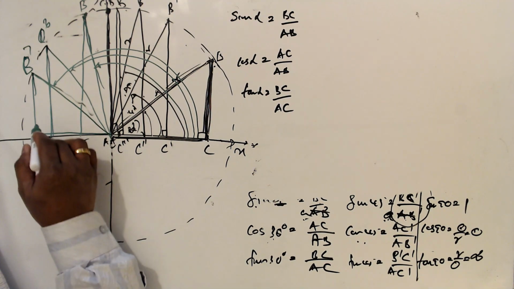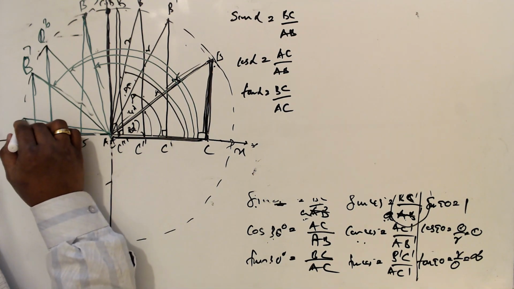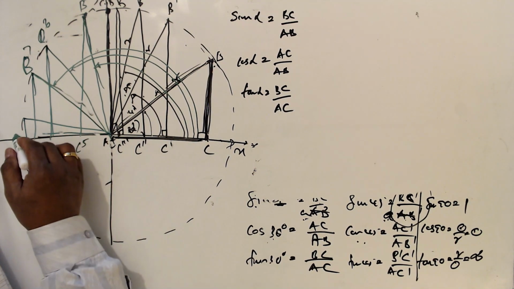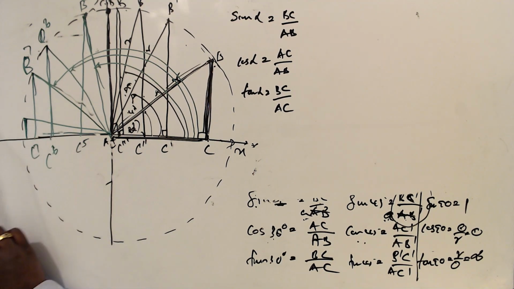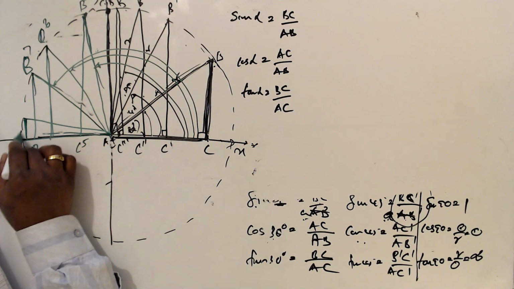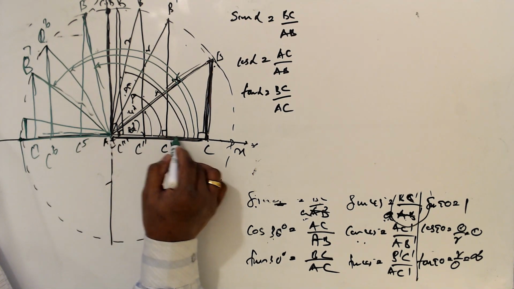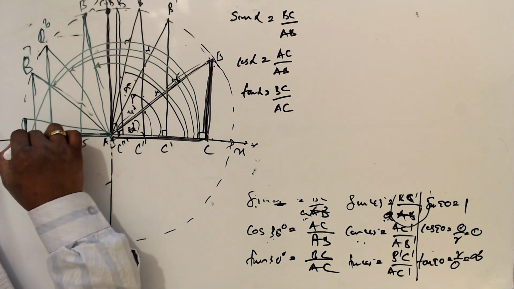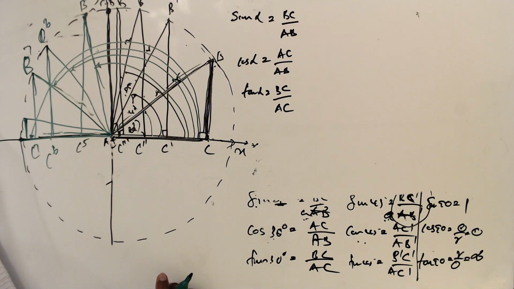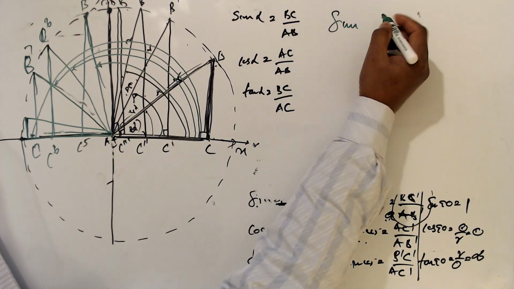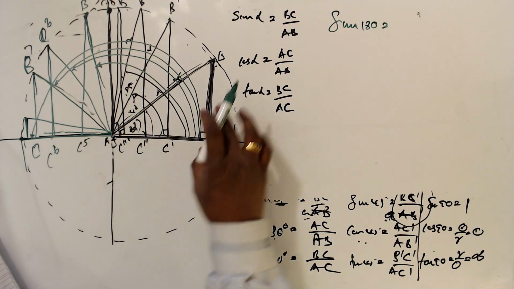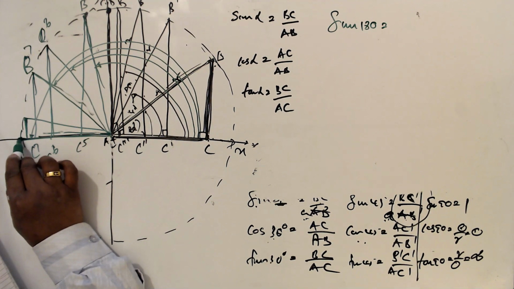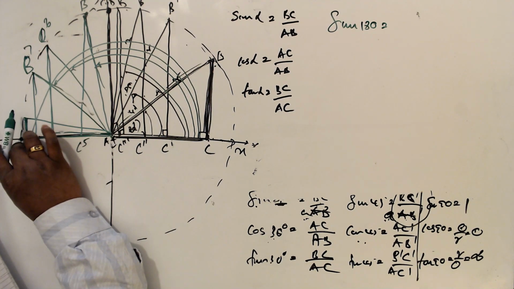Right? So what will happen? This one, okay, this is a very close one. Now you can see that this length is very small. This one is now getting bigger, almost nearly close to the radius. And the time will come when this overlaps. So that angle is 180. Now sine 180. Sine means this height divided by this radius. Now when it is overlapped, this height is almost 0. This height becomes 0 when it's here.